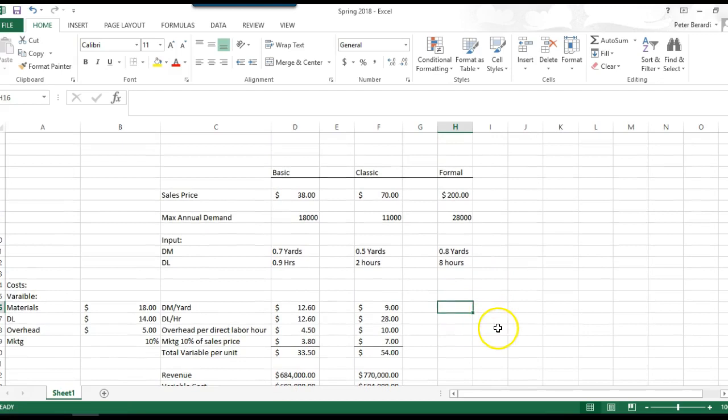Same thing. 0.8 yards times the $18 equals 8 hours times 14 equals 8 hours times 5. Oops.